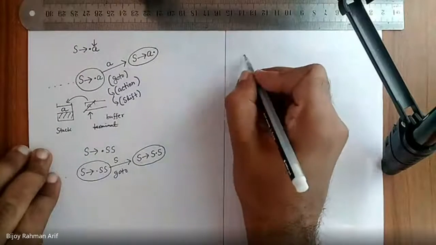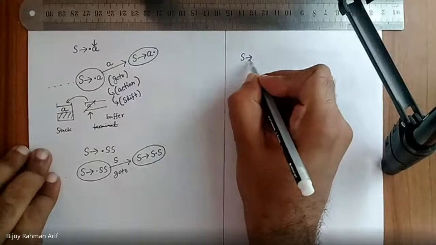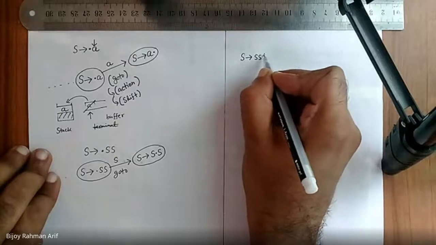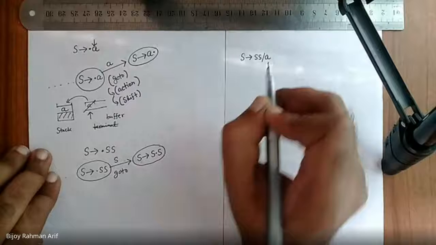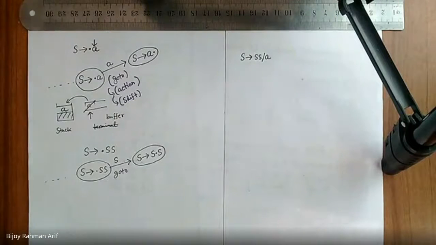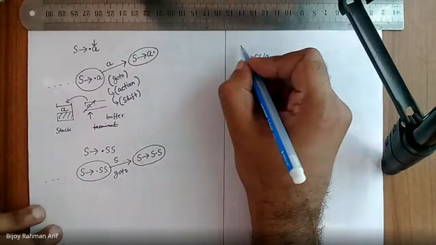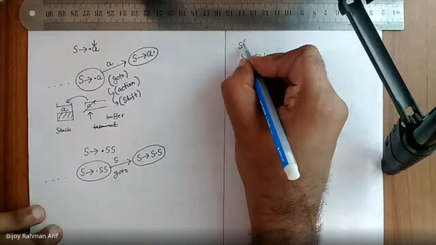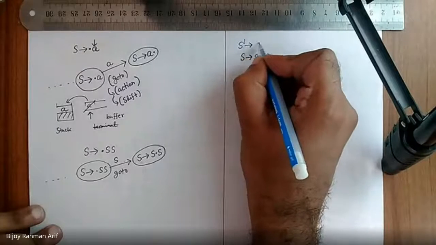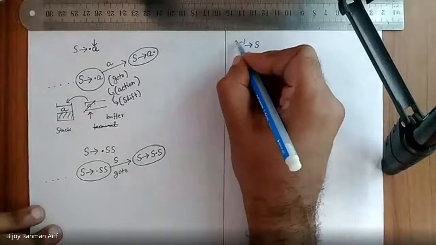S derives... Okay, guys. Now we always add a special production before doing bottom-up parsing. That is called the augmented production. So what is the augmented production? We create a new start symbol, S dash, and that is going to derive S. This is the augmented production.